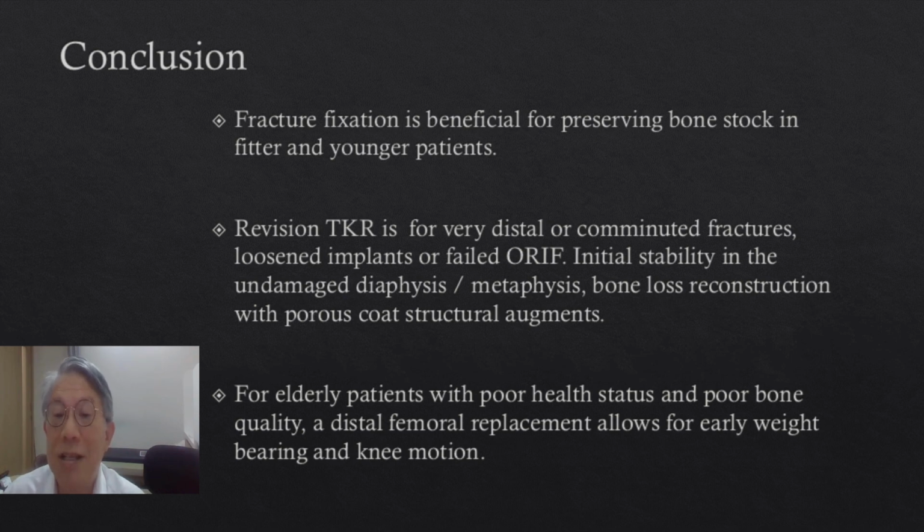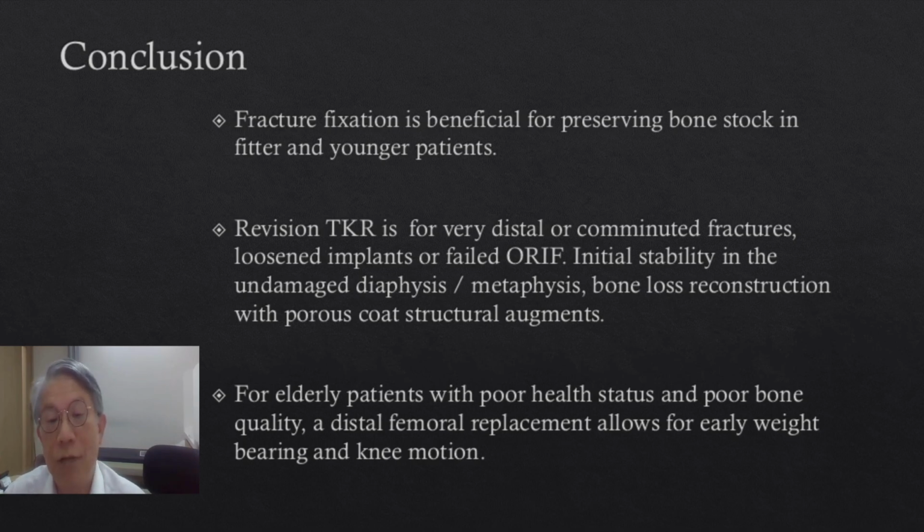Revision TKR is invariably for the distal comminuted fractures or fractures associated with a loosened femoral component, or if they have failed the fixation. In these kinds of cases, we choose to revise, bearing in mind the principles of initial stability in the undamaged diaphysis, metaphyseal bone loss reconstruction using hyperporous structural augments, and building the knee prosthesis on top of this.